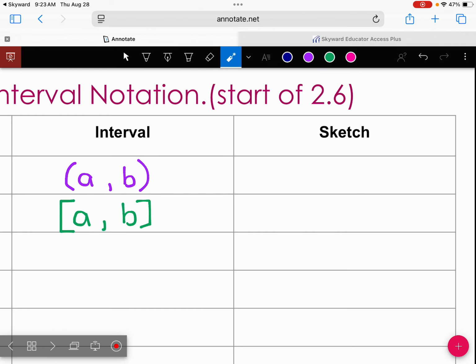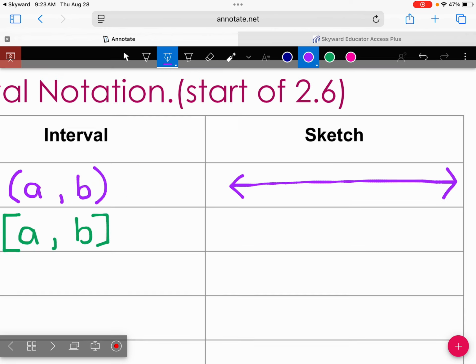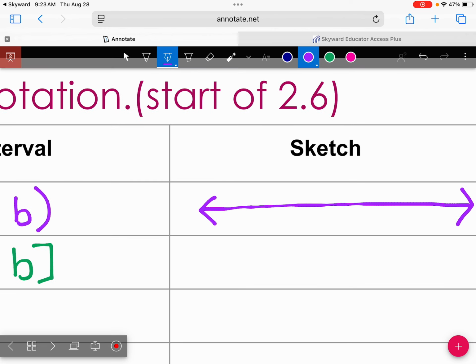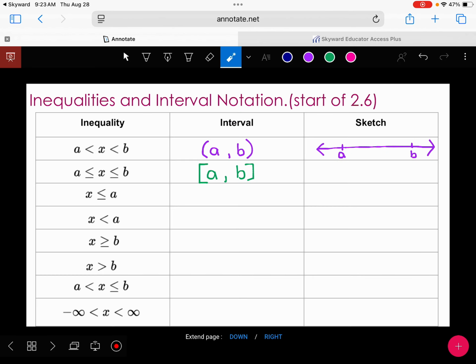Because if we were to do this on the number line, I'm just doing these first two together, and then I'm going to give us some time to think on it. If we were to put these on a number line, we know a is smaller than b because of the way these things are shaped, and x is somewhere in between.